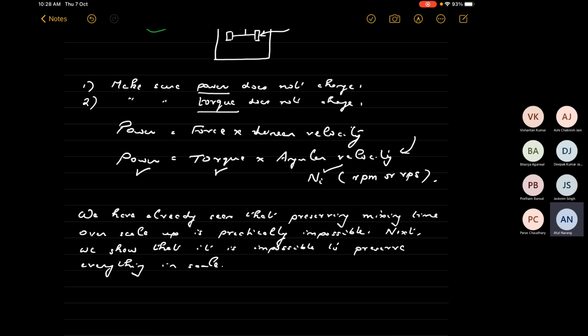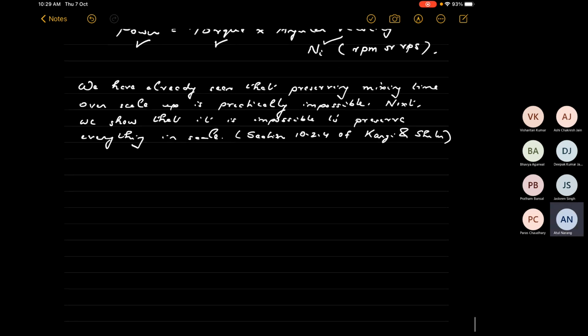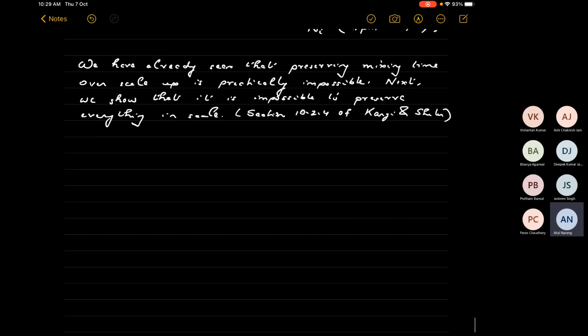This discussion is taken from section 10.2.4 of the book by Kargi and Schuler. And here's the basic idea.